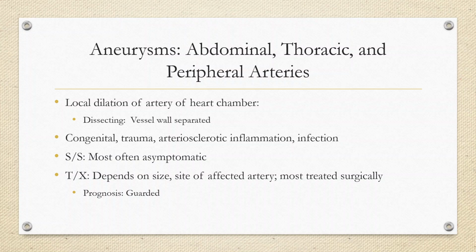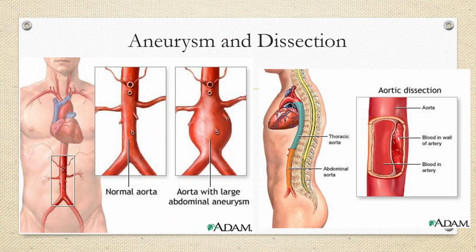We can also see aneurysms. This is going to cause a dilation of the artery. With this, I'm going to actually just switch between here to show you the difference between an aneurysm, where we see ballooning, which is the picture on the left, versus a dissection, which is the picture on the right, where we actually still see ballooning, but from the inside, it looks the same.